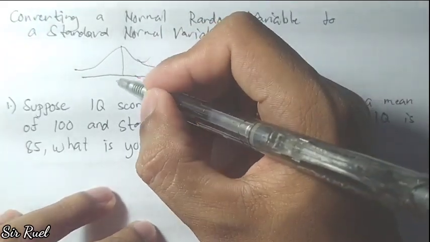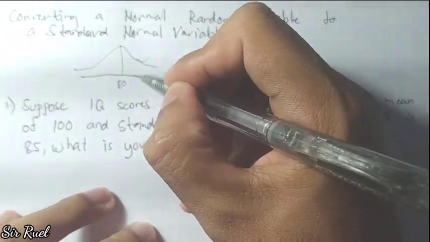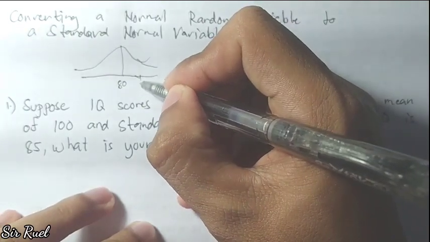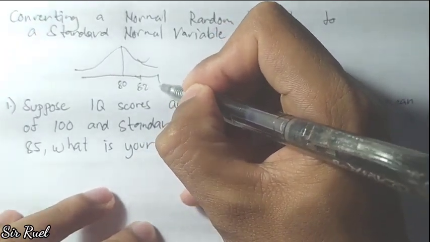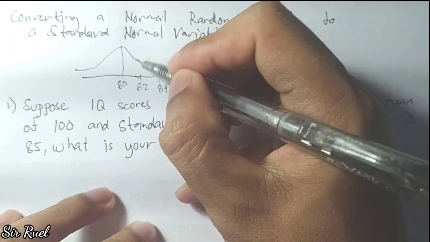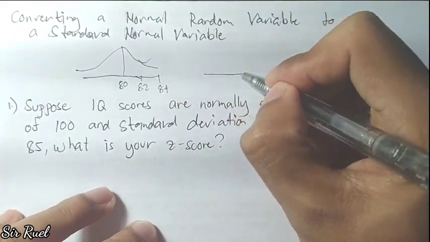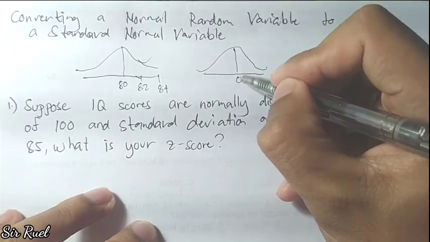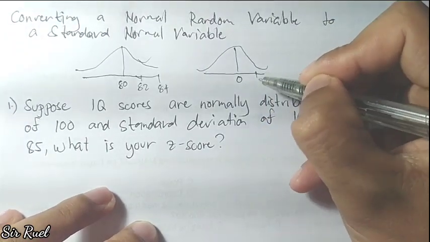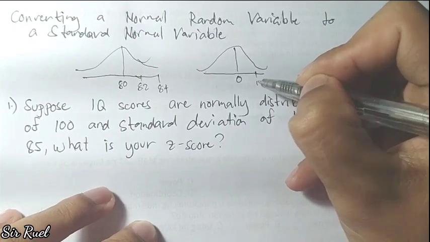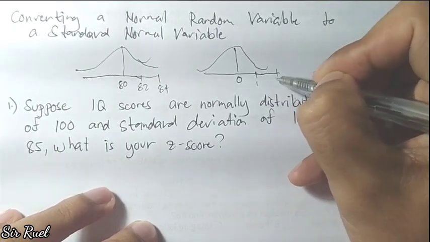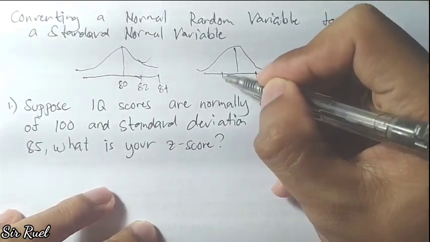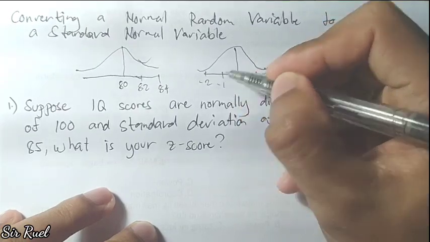Kapag yung mean is not equal to 0, for example 80, tapos yung standard deviation niya sabihin natin is 2, so ito is normal curve. Kapag sinabi naman nating standard normal curve, yung mean niya is 0 at yung standard deviation niya is 1. So yun yung standard normal curve.